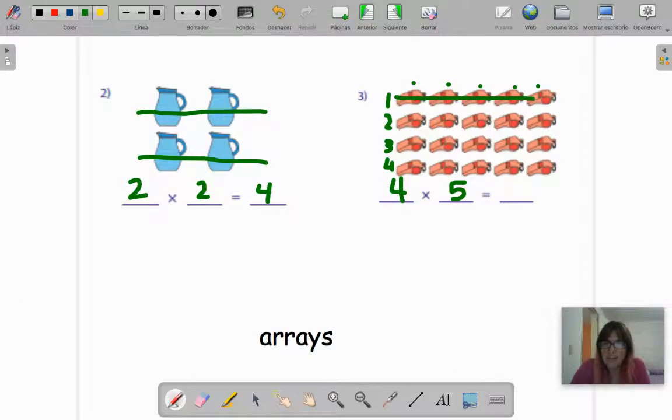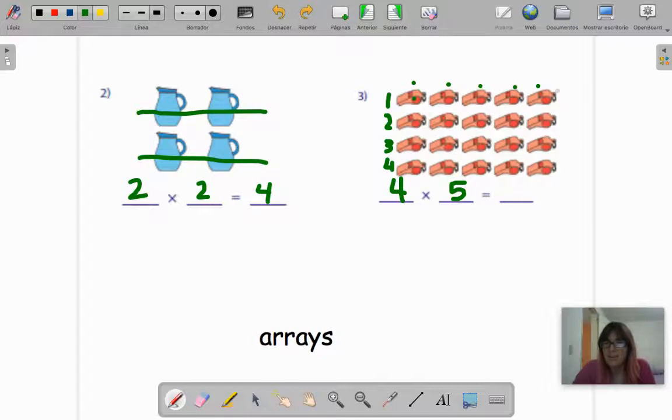Remember, 1, 2, 3, 4 lines. That's my first number, 4, times how many are in each line? We have 1, 2, 3, 4, 5. 4 times 5. And then you just count to see how many are in all.